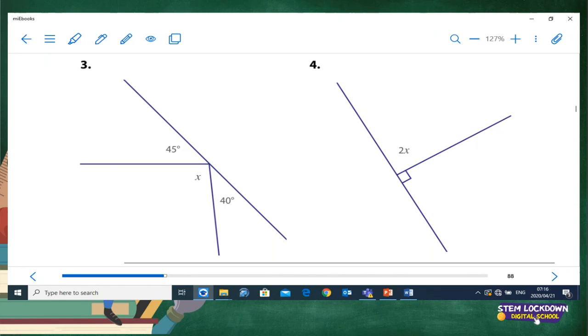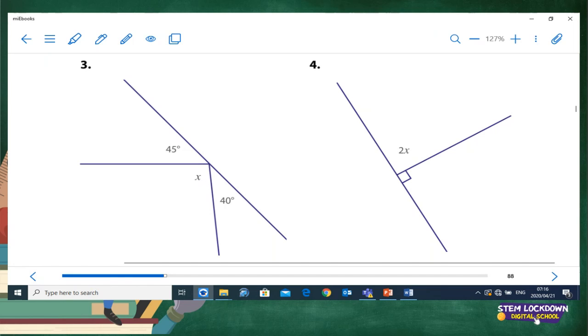Now, obviously, when you add 45 degrees and 40, they will give you 85 degrees. And if you subtract 85 from 180, you'll be left with 95 degrees.